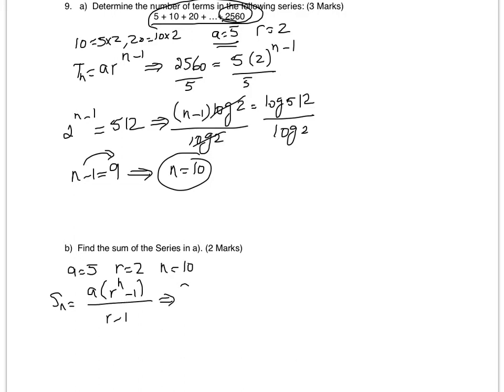So from here I get S10, n is 10, is the first term, which is 5, times r, which is 2, to the power 10, minus 1, divided by r, 2, minus 1. If you simplify this, you get the answer 5115.